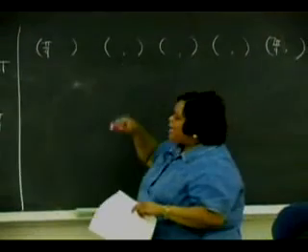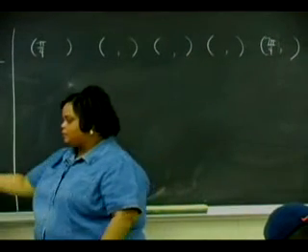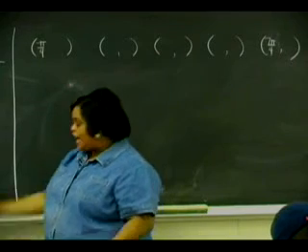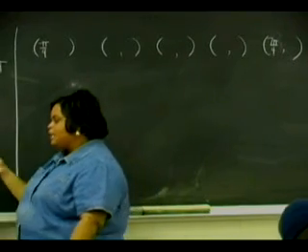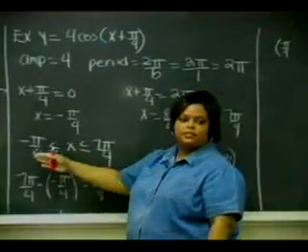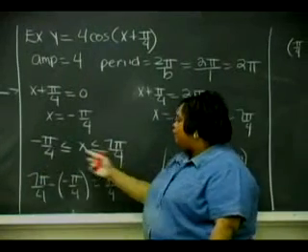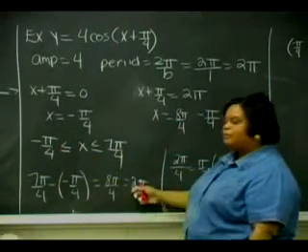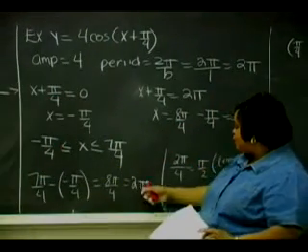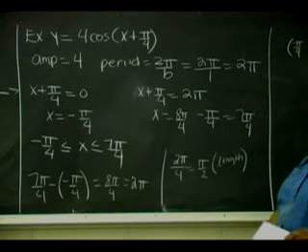What do I add to get to my next point? Pi over 2. How do we get that one? After we found the length of this cycle for sine by doing 7 pi over 4 minus negative pi over 4, I get my 2 pi. Then I need my 4 intervals, so I divide 2 pi by 4. That gives me pi over 2.